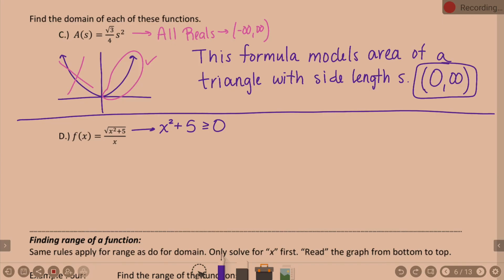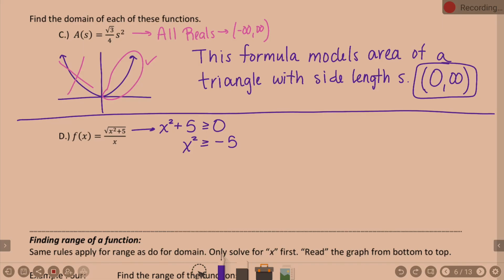What happens when you start solving that? It's x squared plus 5 greater than or equal to 0, so x squared has to be greater than or equal to negative 5. Are you going to get an imaginary number? We're not going to talk imaginaries.